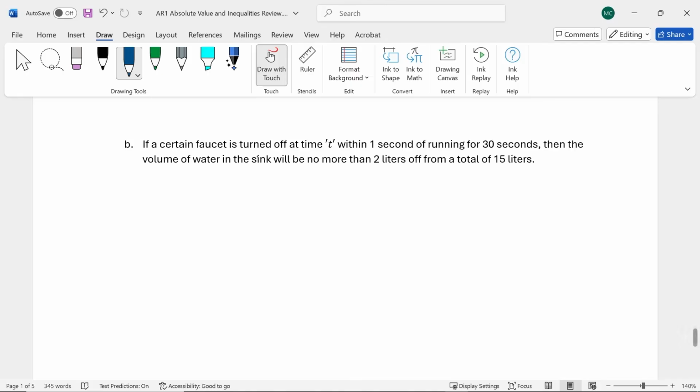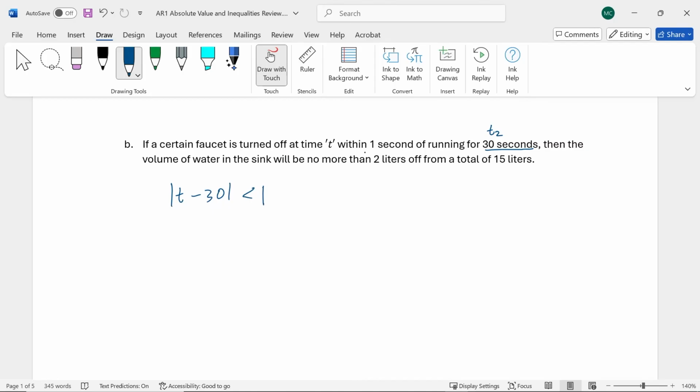So a certain faucet is turned off at time t within 1 second of running for 30 seconds. So this is like the time that we're measuring at. And we're saying the distance, the length of time between t and 30 seconds is less than 1.